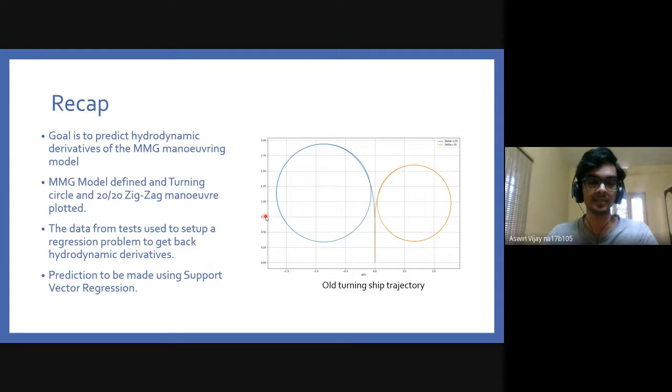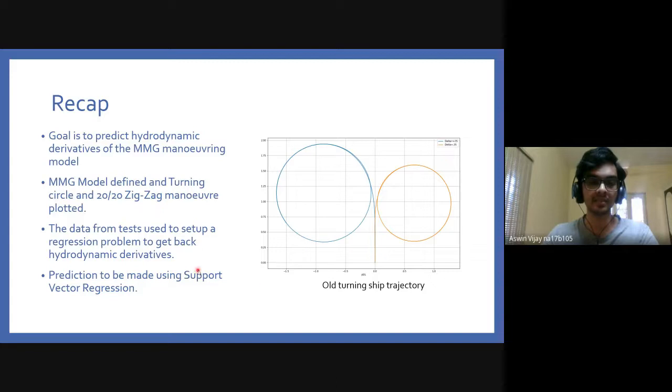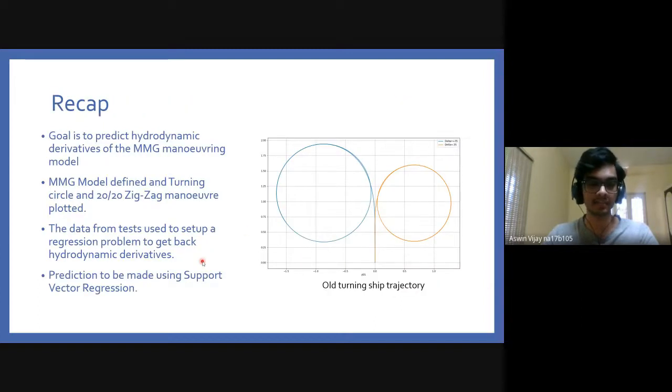My next task, once I have the corrected trajectories from these two maneuvers, is to gather data from them and predict back the hydrodynamic derivatives that were originally used to recreate these maneuvers, using support vector regression, which is my final goal.